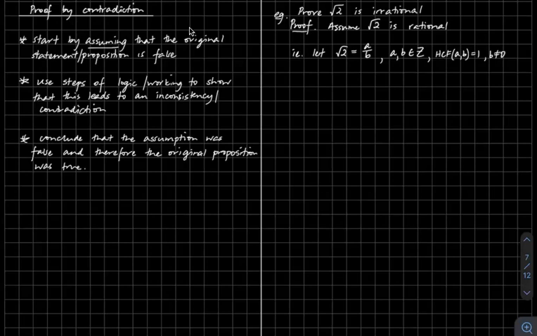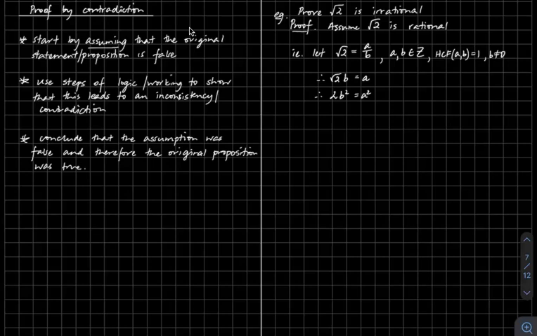So that's really the definition of a rational number: it can be written as a ratio of two integers which share no common factors and where the denominator is not 0. Now let's do some mathematical working and show that we reach a contradiction. Let's multiply both sides by b. So we get root 2 b is equal to a, and then if we square both sides we get 2b squared is equal to a squared.